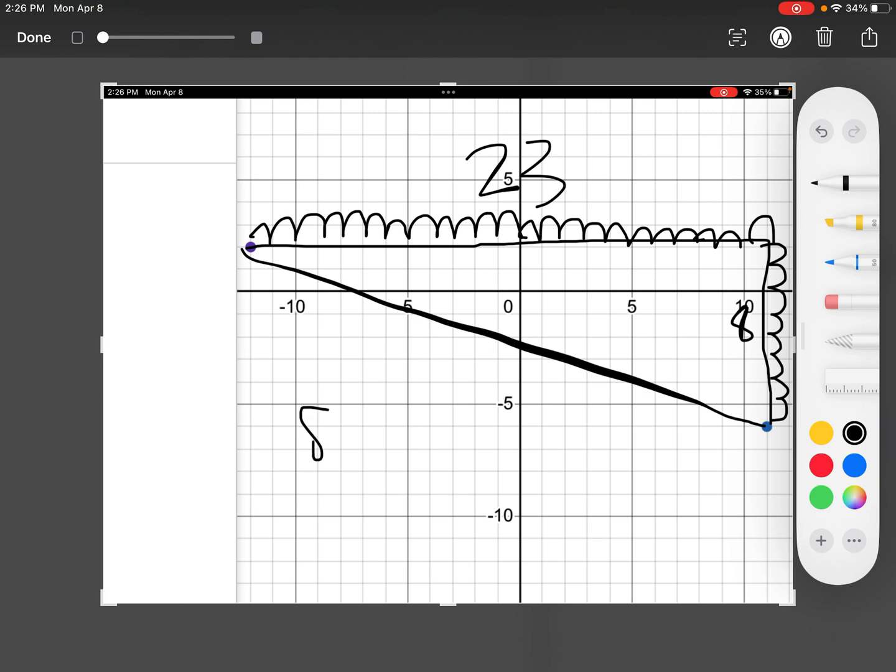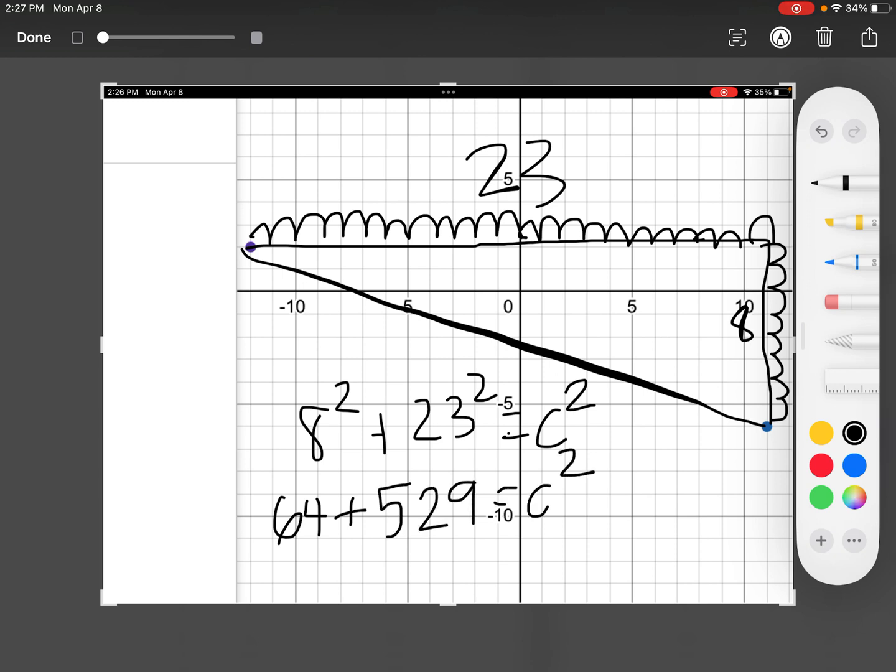So I know I have 8 squared plus 23 squared equals c squared. So that means 64 plus, I'm going to put in my calculator, 23 times 23. I get 529. Equals c squared. So I'm going to add 64. I get 593 equals c squared.